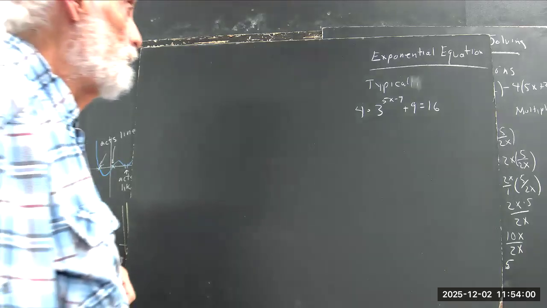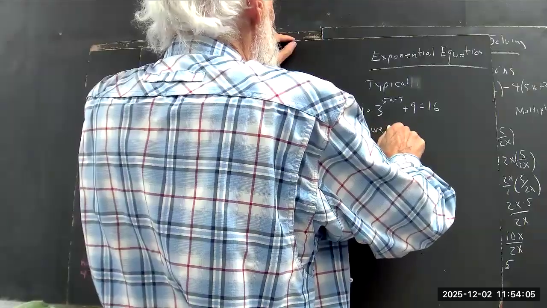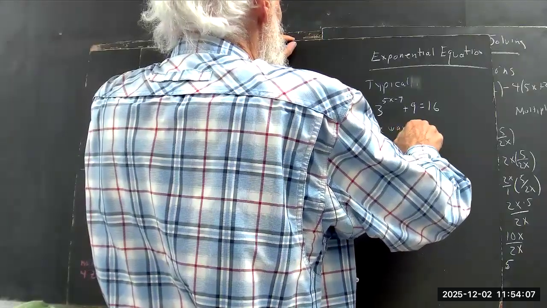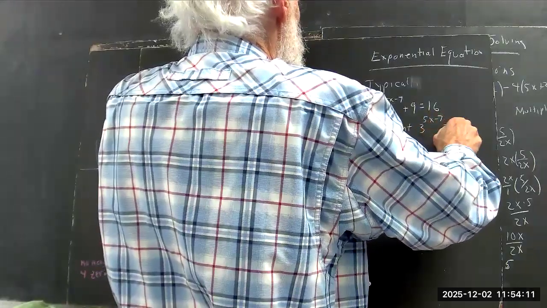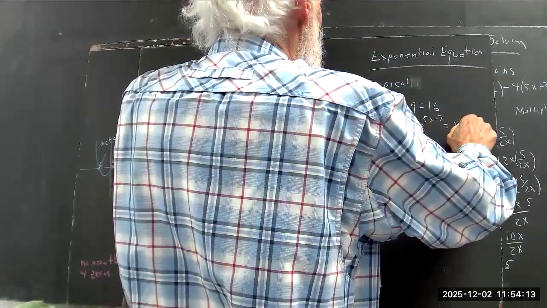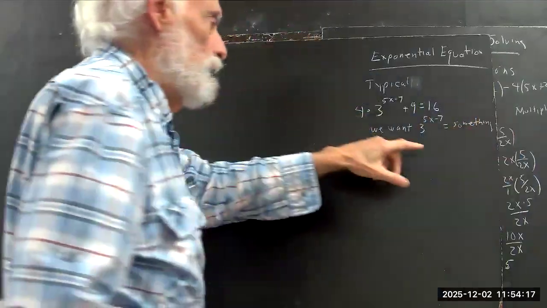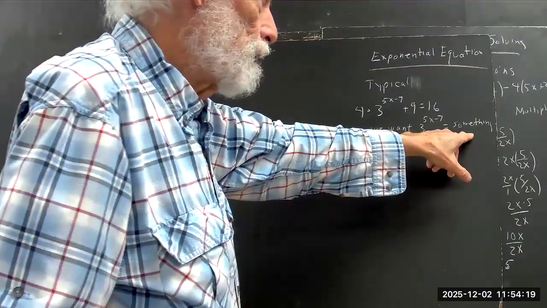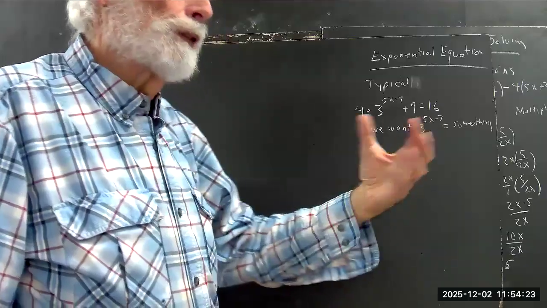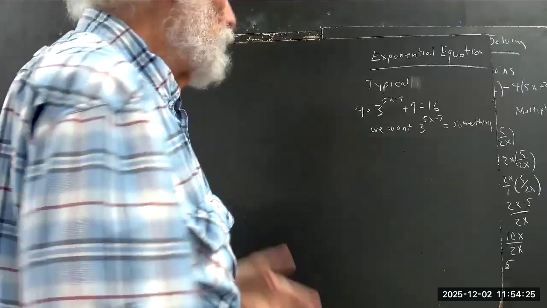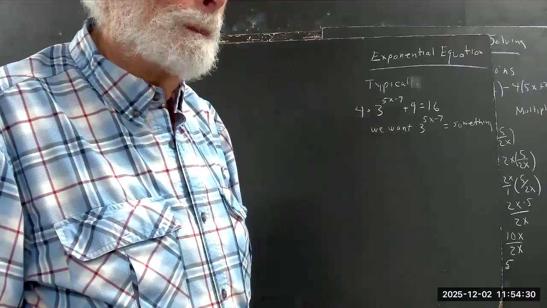What we want to do is get our 3 to the 5x minus 7 equal to something. We want to get the 3 to the 5x minus 7 all by itself on one side, which is very easy to do. We're going to subtract 9, and then we're going to divide both sides by 4.